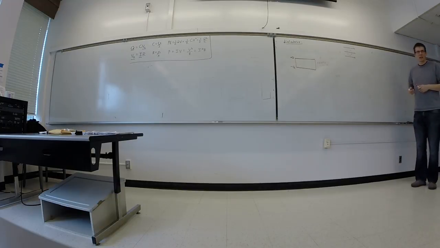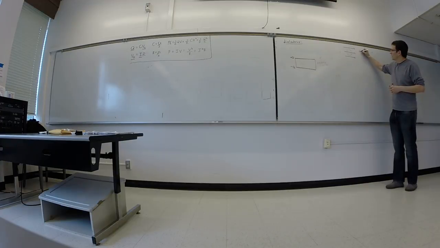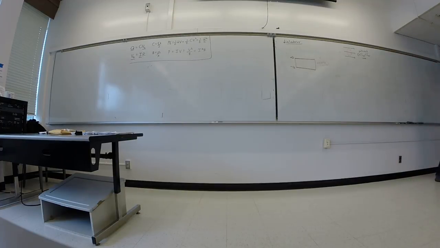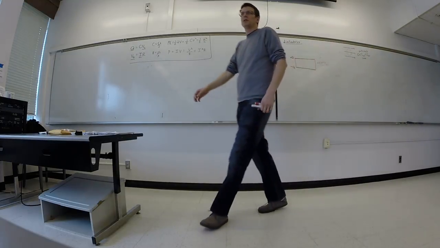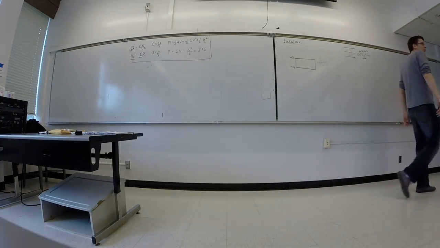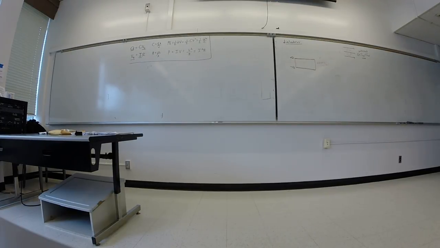But this is not a conductor, it's an insulator. So let me remind you what we learned about insulators, this idea of partial shielding. So the net electric field inside is less than the external, but it's not zero. And the reason why we learned that insulators are not able to perfectly shield here is because you're inherently limited with the amount of charge carriers that are available.